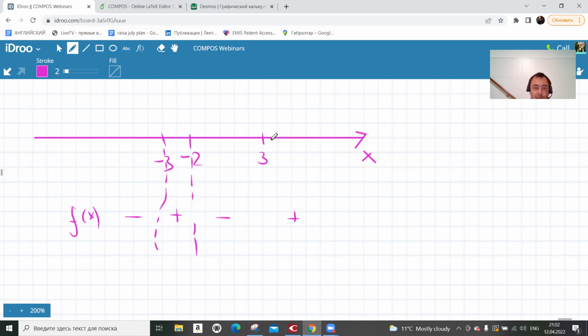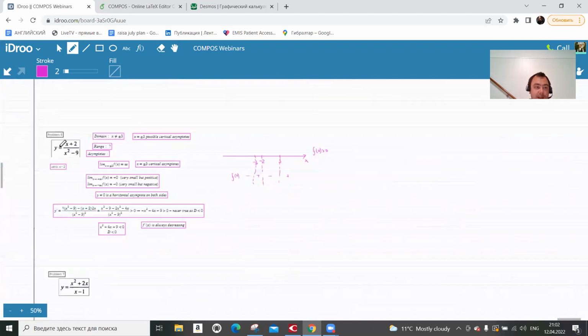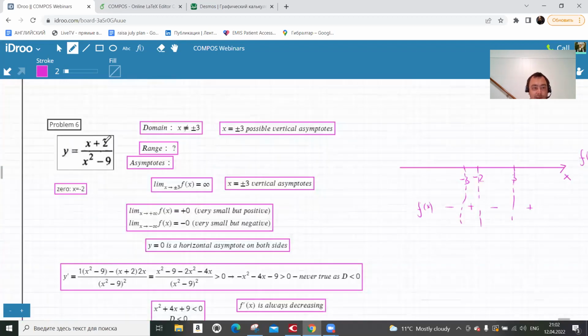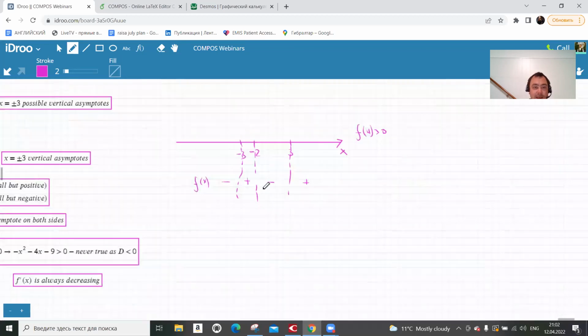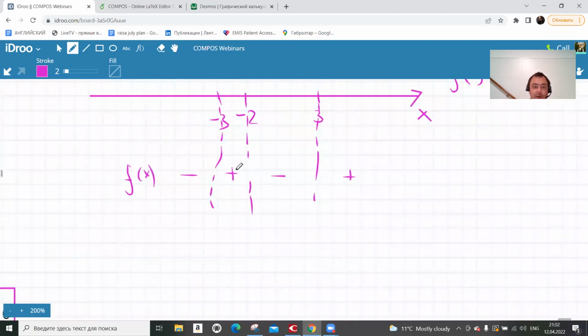How do I know this? Well, it's easy to check. You just find f of 4, and it's going to be positive. So on this interval, from 3 to plus infinity, it is positive. Take any number on the interval from -2 to 3, for example, f of 0. f of 0 is going to be 0 plus 2 divided by 0 minus 9. It's going to be negative. And any number between -3 and -2 is going to be positive, and any number between -infinity and -3 is going to be negative.